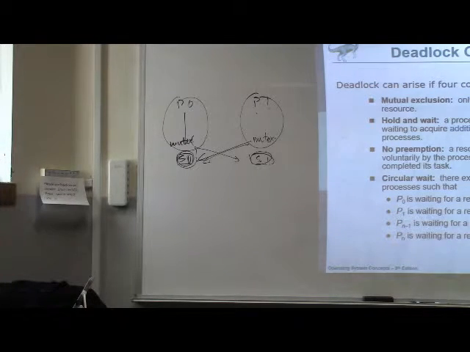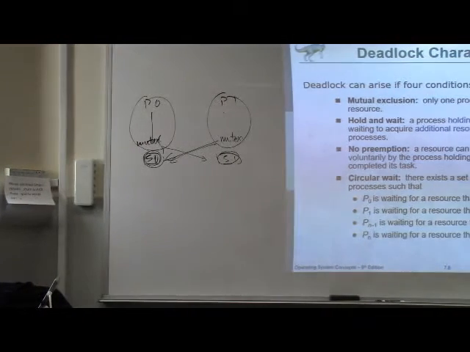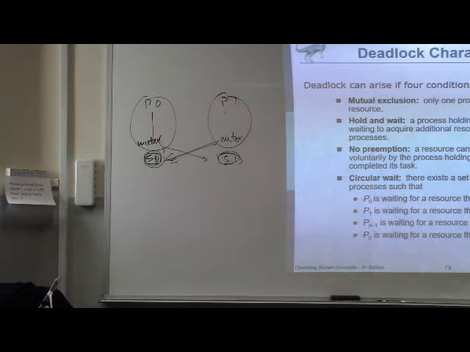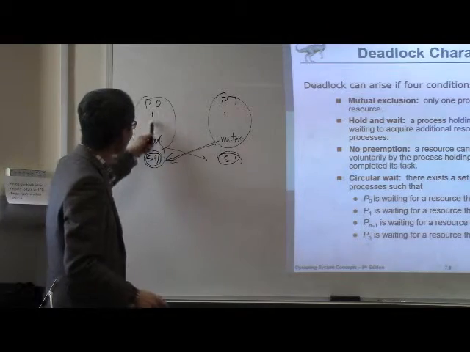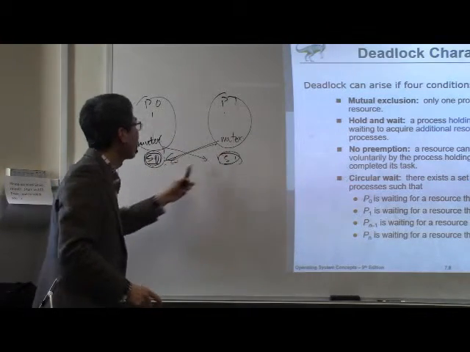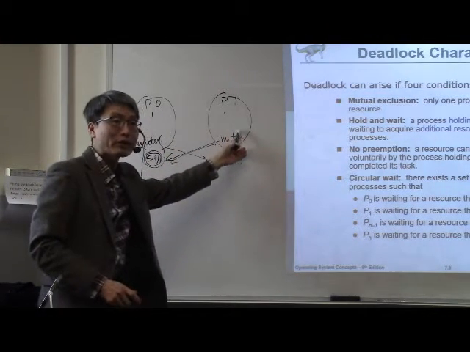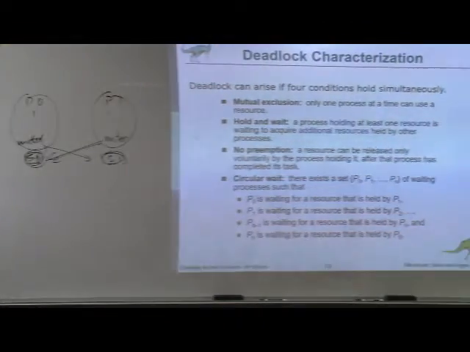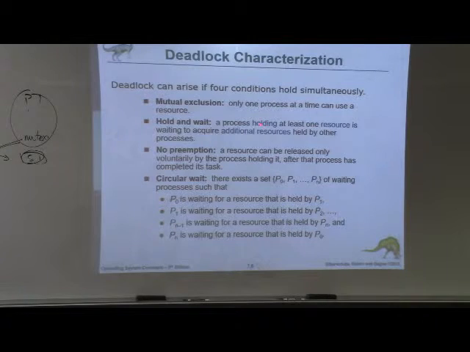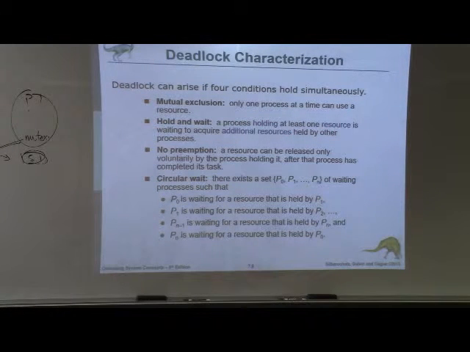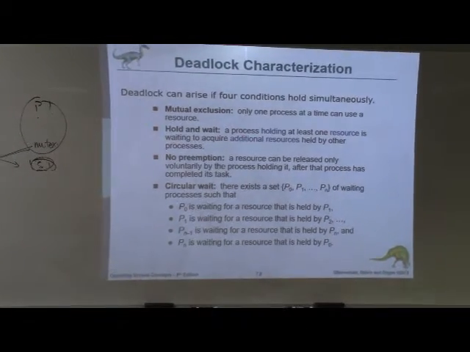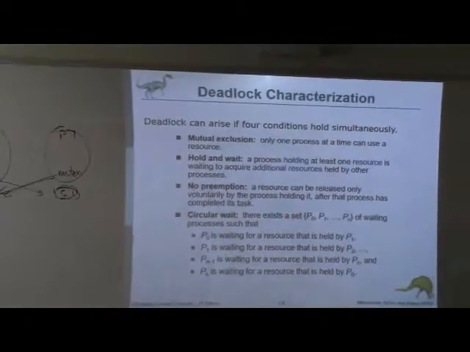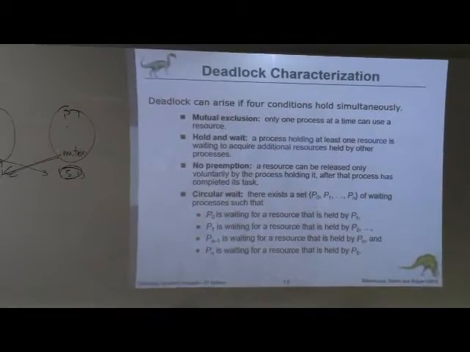If you do not hold a resource and are just requesting, you can wait until the other is done. So in case of the deadlock, it stops. A process is holding at least one resource and requesting an additional resource that is held by other processes. So, hold and wait.